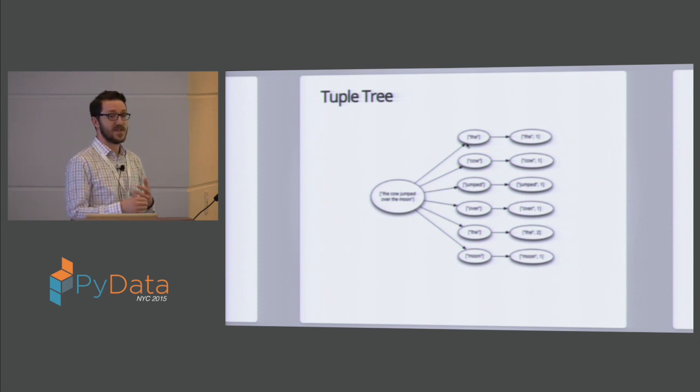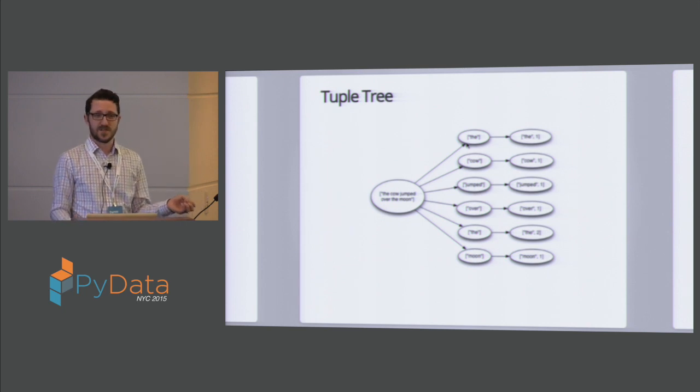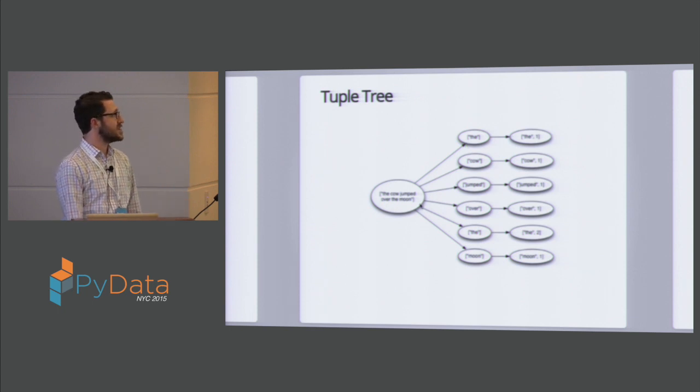The master node is called the Nimbus node. So it sends a message back to Nimbus saying, I have finished processing this particular tuple, or I have failed at processing. As that's going along, it builds this tree of how far along a particular tuple has been processed. Here you can see a bunch of words, and here's words and counts. So this gives you a basic idea of what a tuple tree would look like.